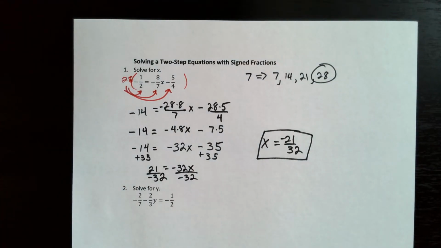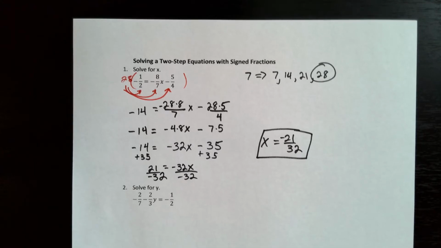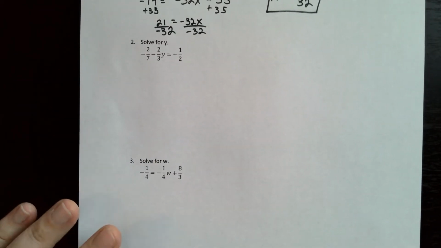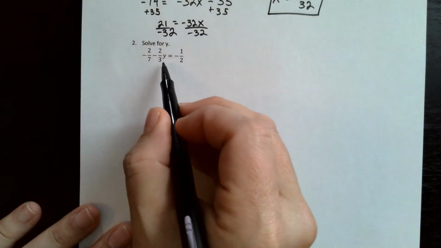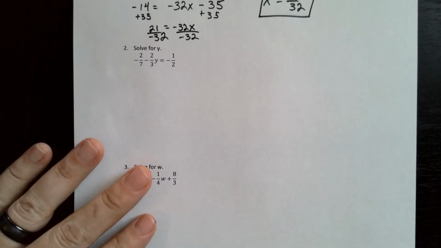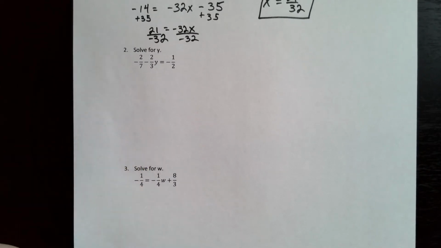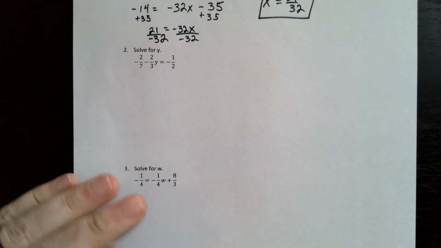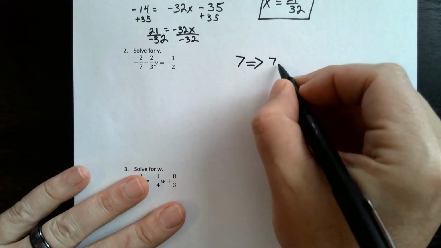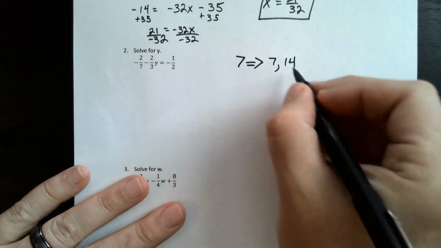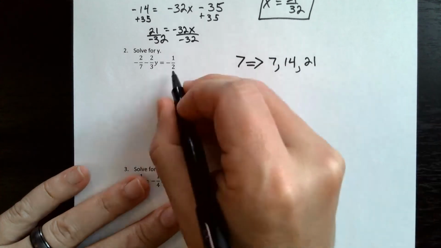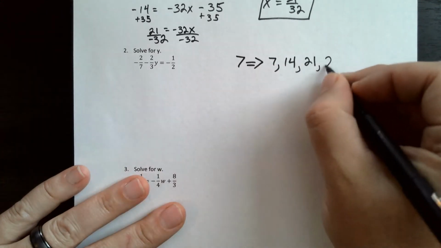Okay, let's look at the next one. The next one we have three different denominators, nothing in common. We have a 7, a 3, and a 2. So let's start writing out multiples of 7, the biggest one again, until we find something that both the 3 and the 2 will divide into. Just like last time, 7, 14. 2 goes into 14, but 3 does not. 21. 3 goes into 21, but 2 does not. 28.